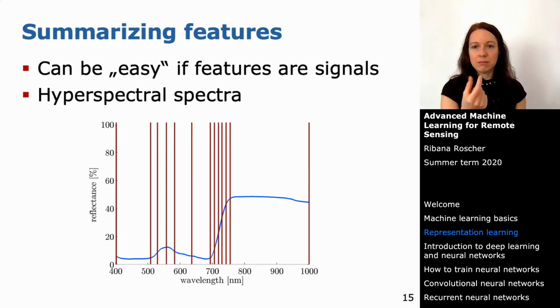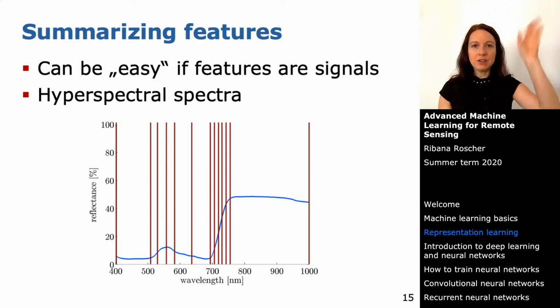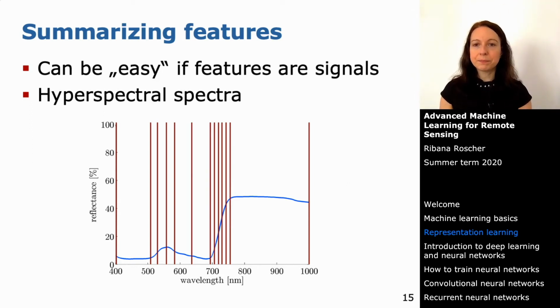Important regions in the signal are, of course, the area from red to near infrared. That means around 700 nanometers to 800 nanometers, because you have a high change in the signal.